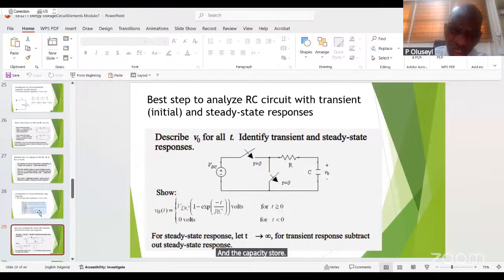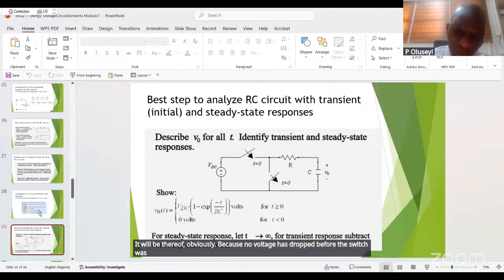But no current will flow in the branch that is parallel to the battery. So you can write your V naught of T as written here, for T greater than or equal to 0, and for T less than 0, it will be 0 volts. It will be 0 volts, obviously, because no voltage has dropped before the switch was closed, and before the switch was closed is T less than 0. So please take note of that.